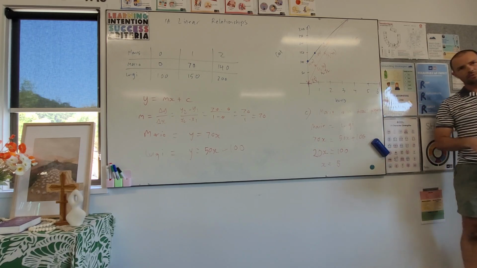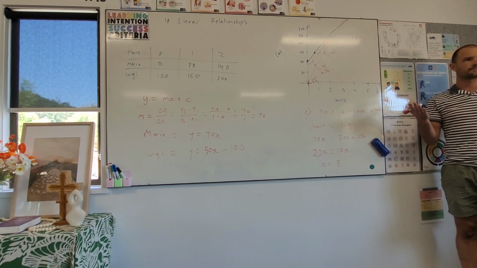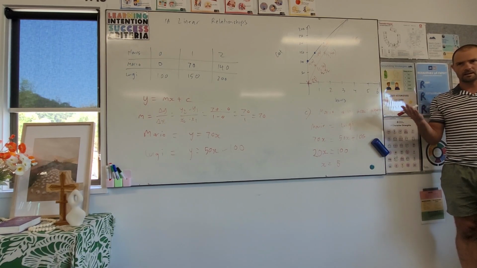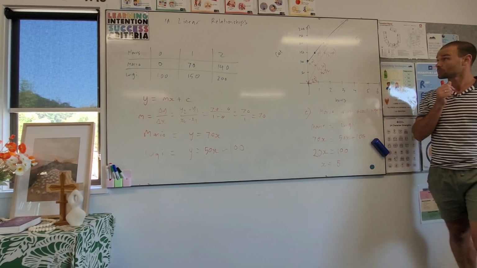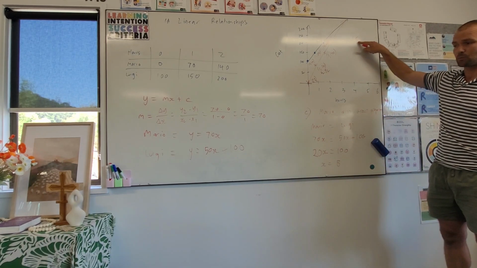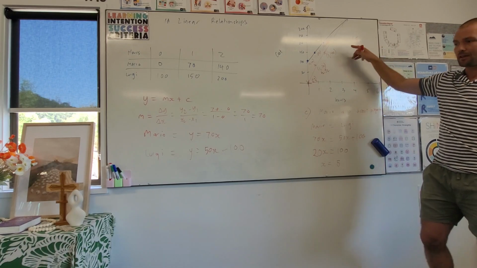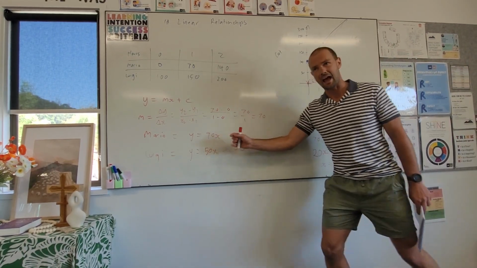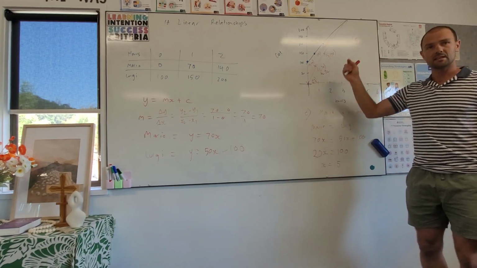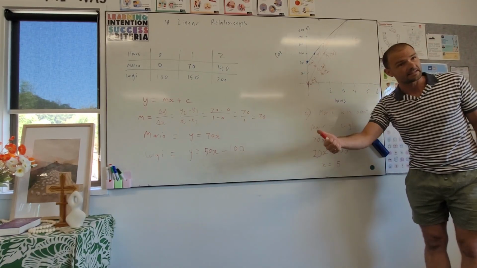How might I find the y value when x is 5? We're going to put the 5 into which equation? It doesn't matter, because these meet at that x value, which means the y value is the same.